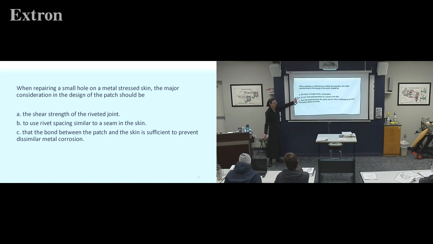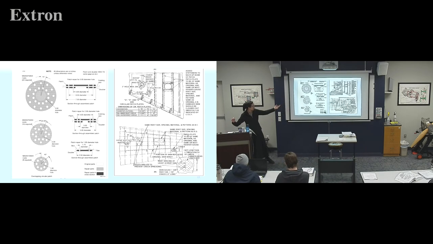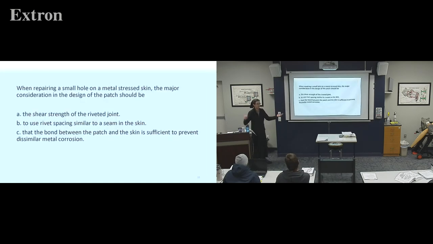So, why not Bravo? Because oftentimes it's different. Look at the maintenance manual. This is actually a really good example. This patch, let's say we went to the seam next to it. Well, the seam doesn't have a circular rivet, so that doesn't work out.